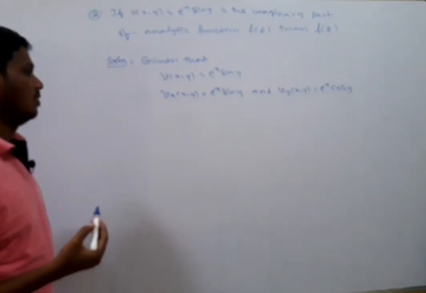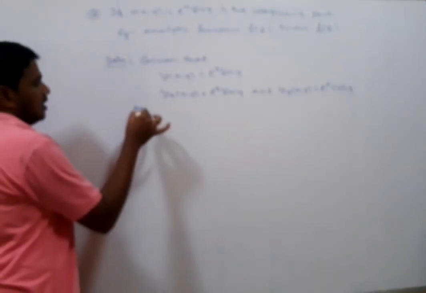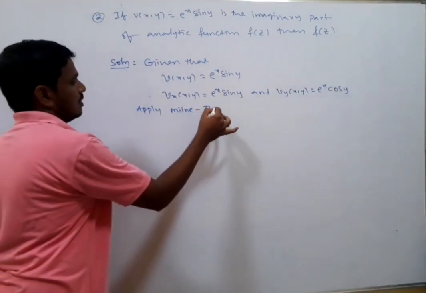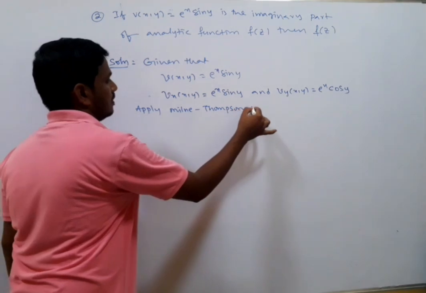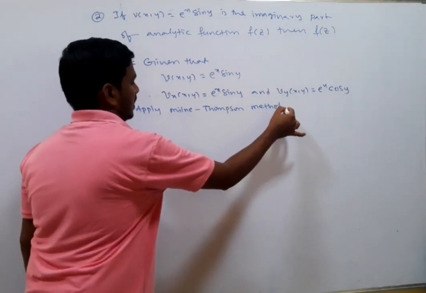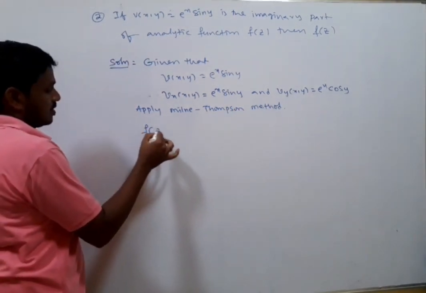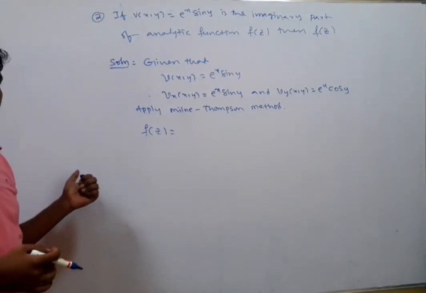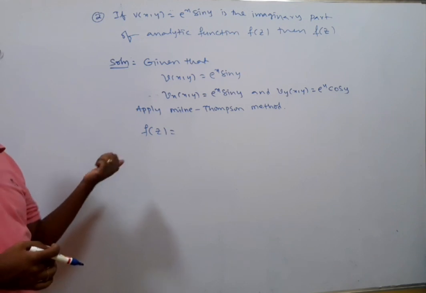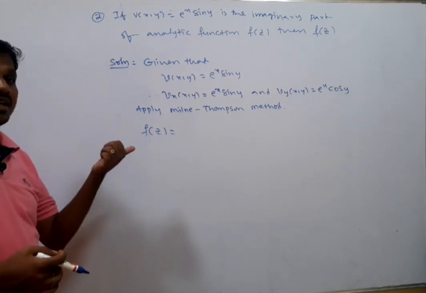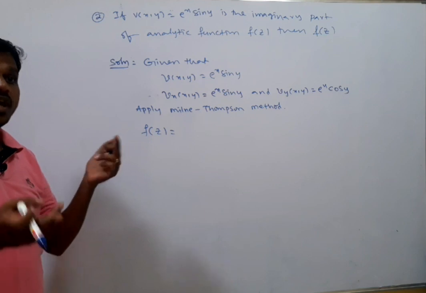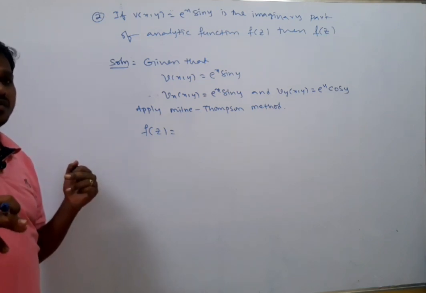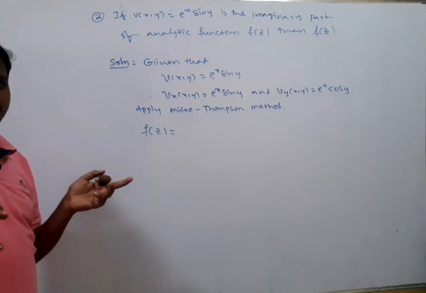Clear? Now apply the Milne-Thomson method to write. We have f of z is equal to, we have the two formulas. When the real part is given, we use the previous formula, that is f of z is equal to integral phi 1 of z comma 0 minus i into phi 2 of z comma 0, where phi 1 of z comma 0 is equal to ux of z comma 0, phi 2 of z comma 0 is equal to uy of z comma 0.